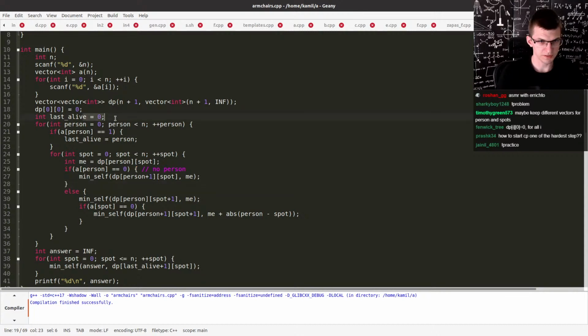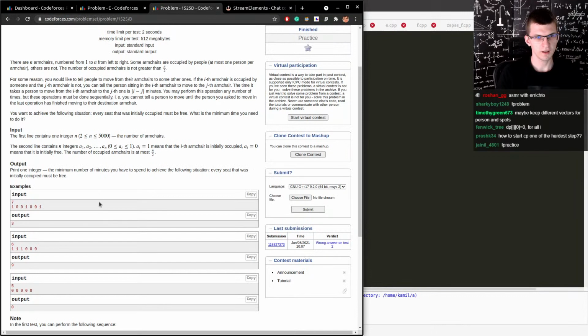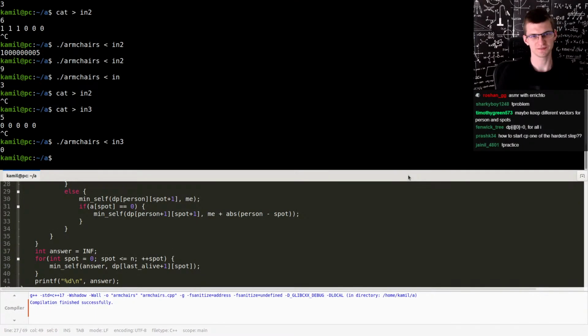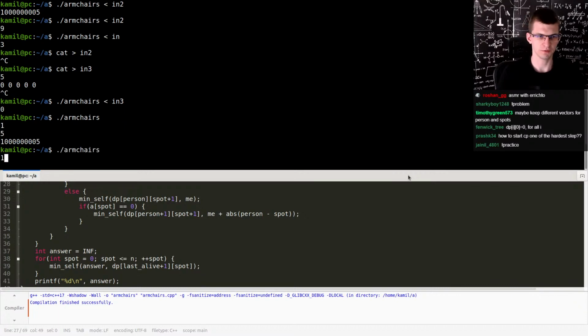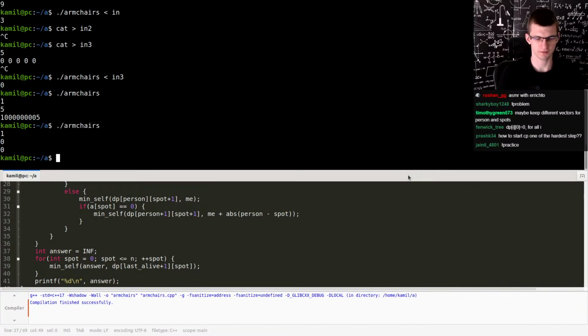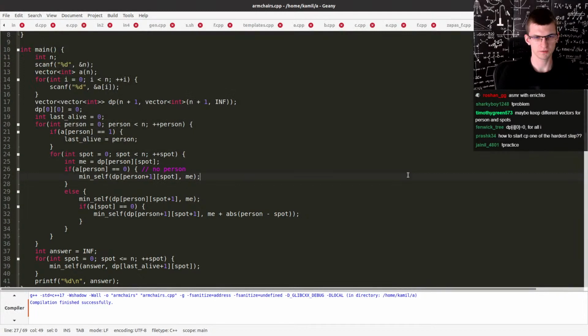Last alive will be 0. So this will take 1. For n equal to 1, that would give me random error. Not this. 1, 0. No runtime error. Oh, okay, for n equal to 0 it will give me runtime error. Then never mind.